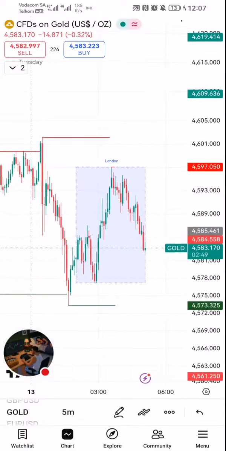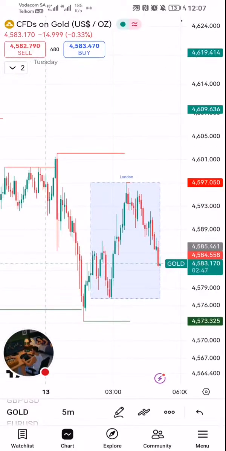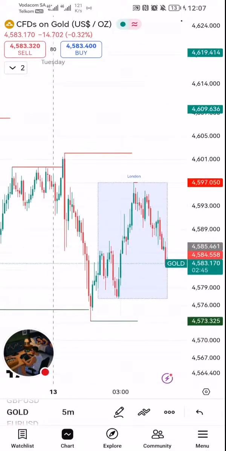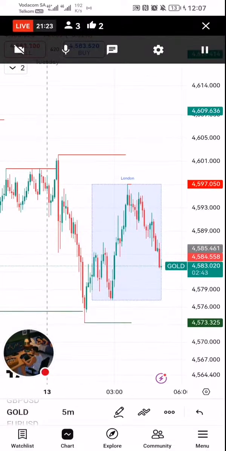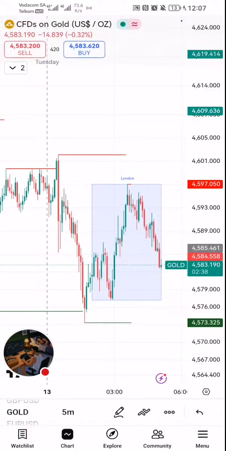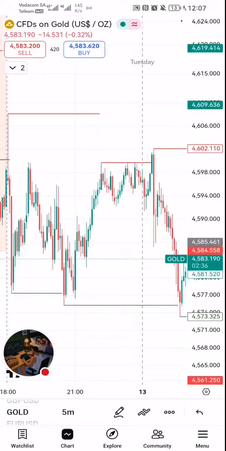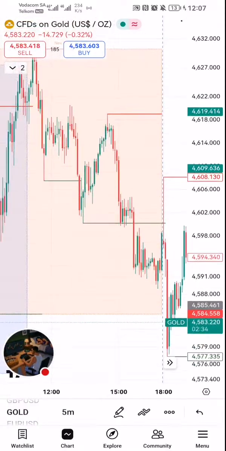As you can see, guys, I'll trade the 5 minute charts because obviously I'm a scalper. I like to get in and out every day, and my strategy simply finds me setups every day.